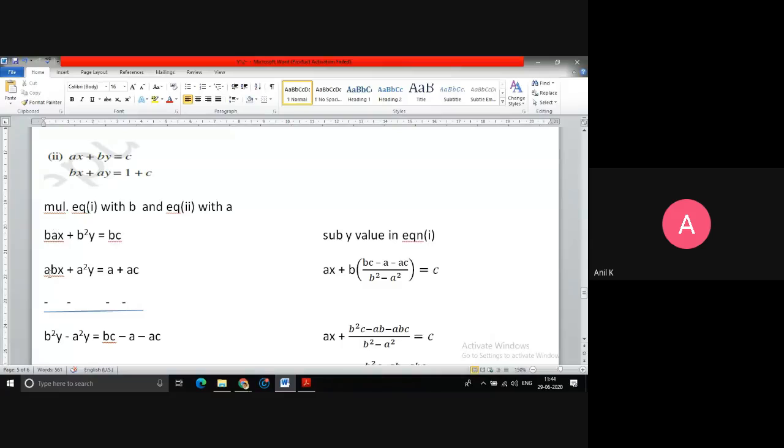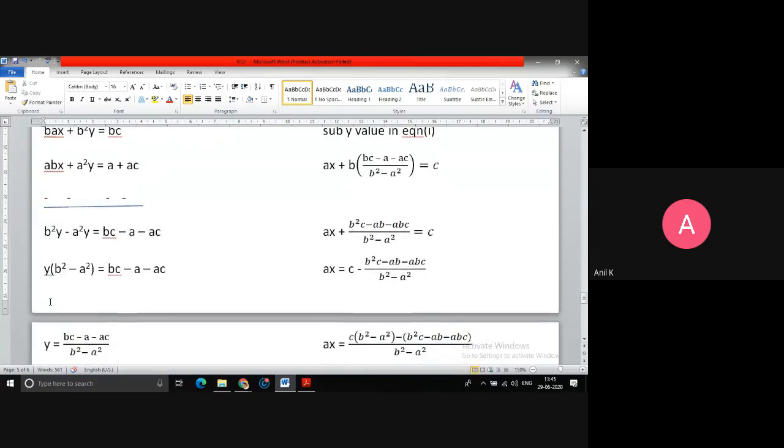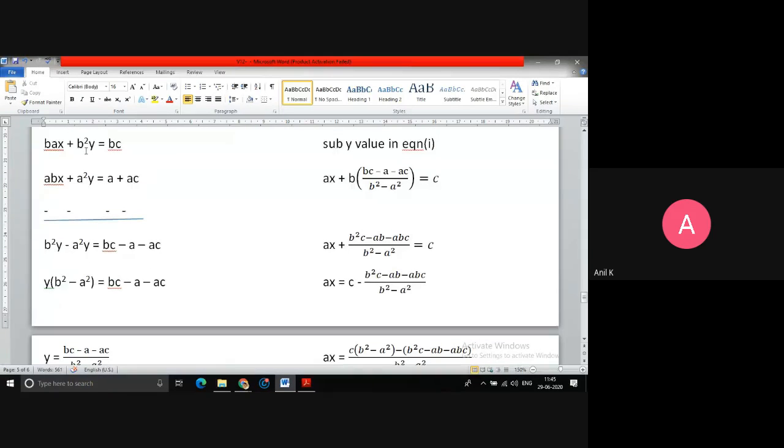So both the x terms will get cancelled. What is left here is b square y minus a square y equals bc minus a minus ac.